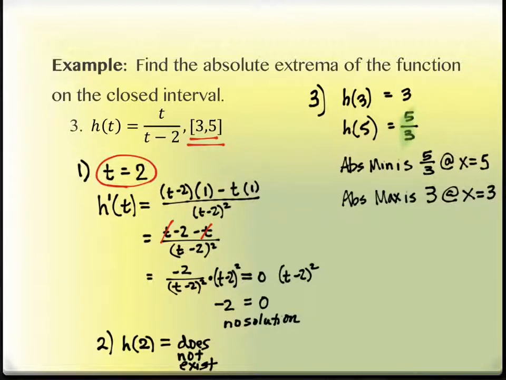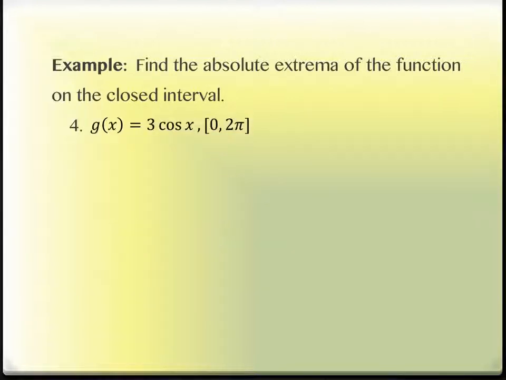All right, we've got one more to take a look at. Same directions, but as I've said before, gotta have some trig, right? It's important to realize that trig functions, just standard cosine and sine in particular, are oscillating functions. They go up and down, so there are lots of places where they have relative maximum and relative minimum points.